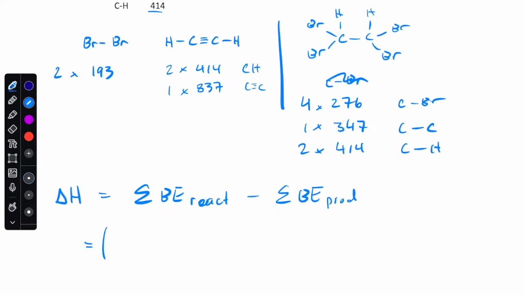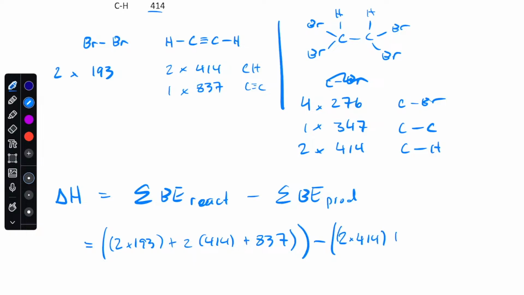And so that is equal to the reactants, sorry, 2 times 193 plus 2 times 414 plus 837, minus the products, 2 times 414 plus 1 times 347 plus 4 times 276, and that equals minus 228 kilojoules per mole.